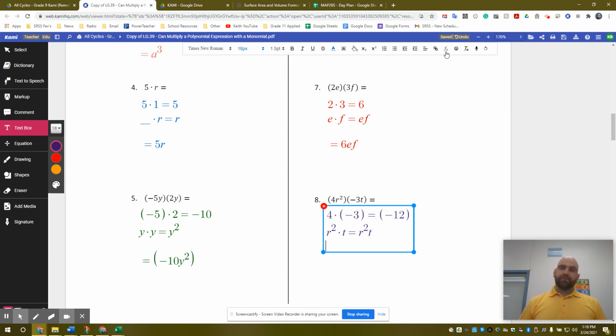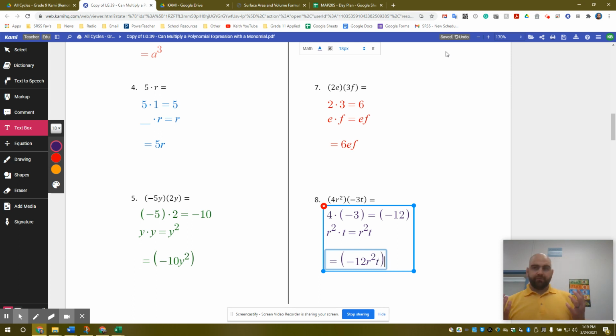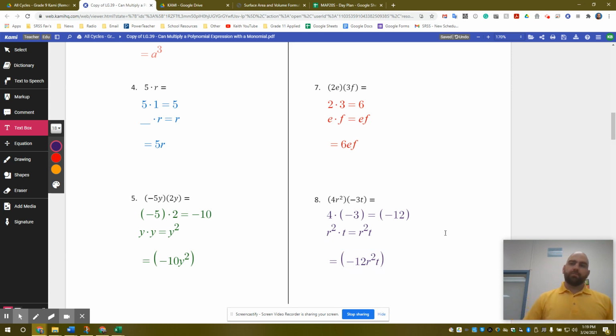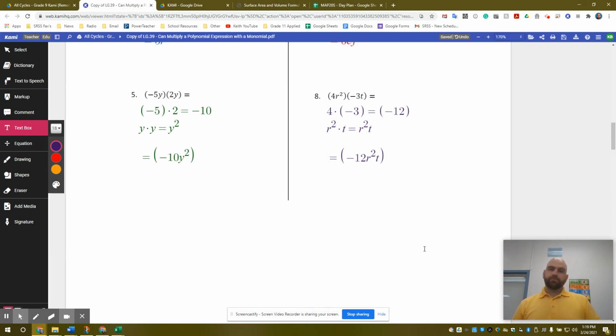Now I realize those two letters look very much alike, and I apologize for that. But our final answer is going to be negative 12 r squared t. Okay, and that's going to be our final answer. Now we have a variety of variables in there. Specifically we have 2 r's and 1 t, but it's all one term and it's all being multiplied together.